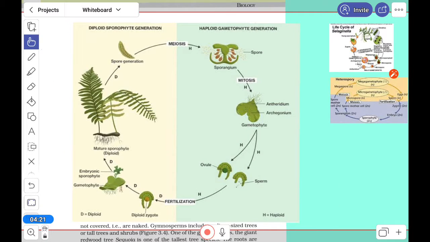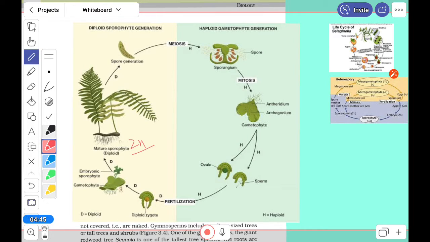Like bryophyta, pteridophyta also has the haplodiplontic type of life cycle, but a little bit different, which we will see. We know that the main plant is the sporophyte, the 2N structure. From that the spore mother cell is formed, which is also 2N.